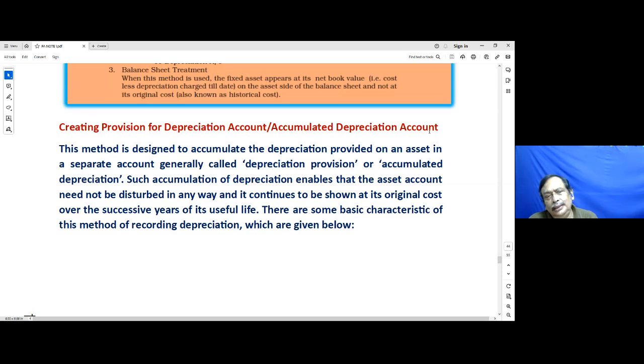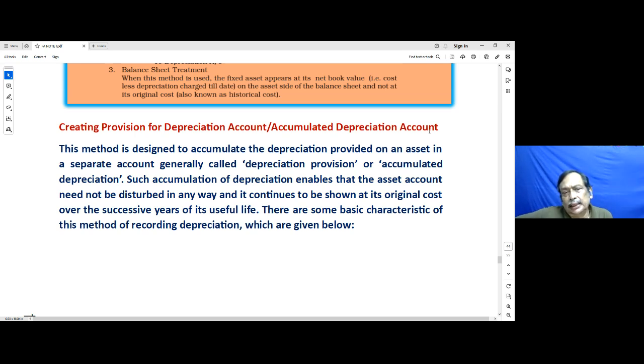So this method is designed to accumulate the depreciation provided on an asset in a separate account, generally called depreciation provision or accumulated depreciation. Such accumulation of depreciation enables that the asset account need not be disturbed in any way, and it continues to be shown at its original cost over the successive years of its useful life.